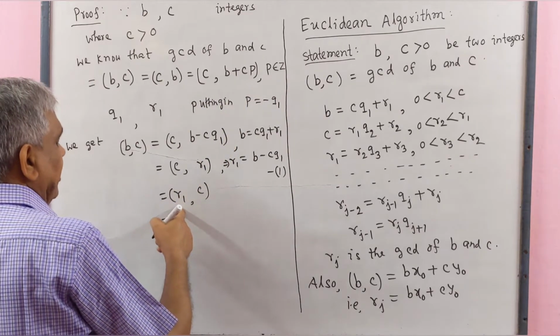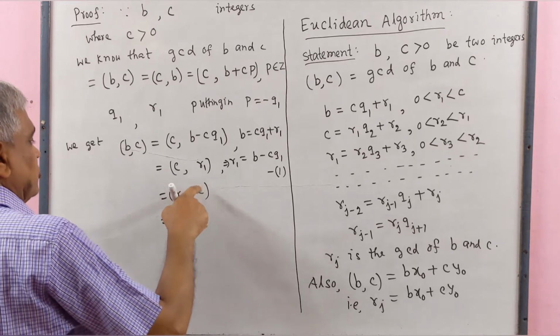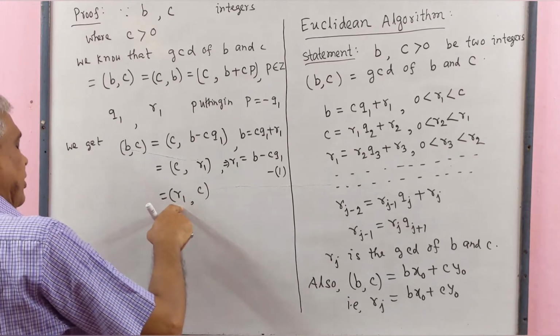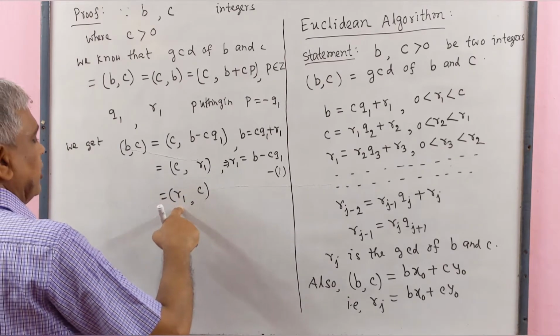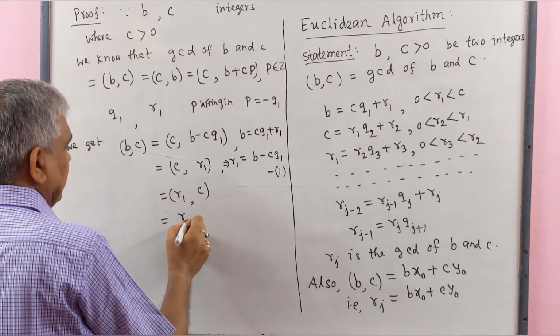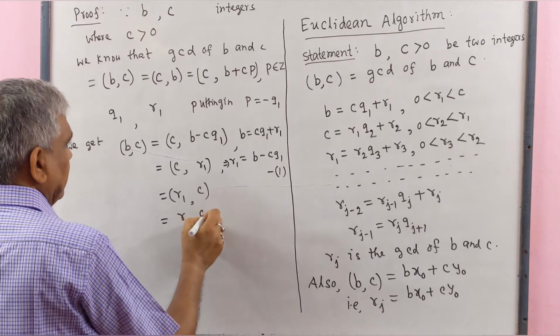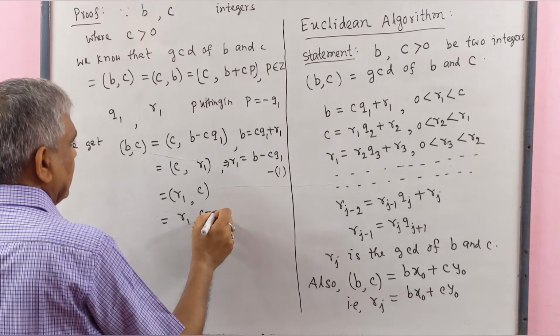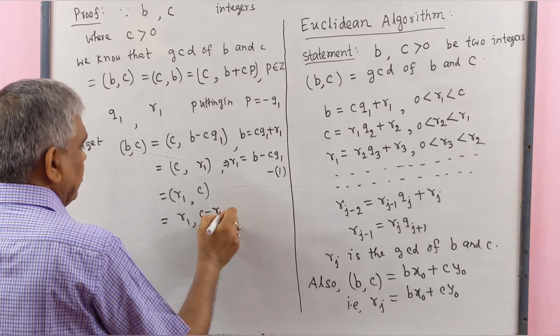By dividing C by R1, we get quotient Q2. Then we write this equal to GCD of R1 and C minus R1 Q2.